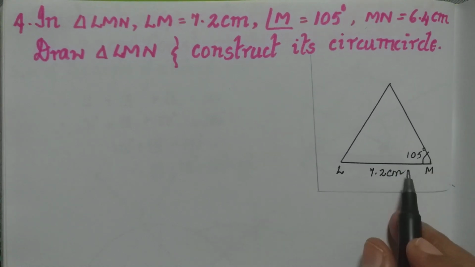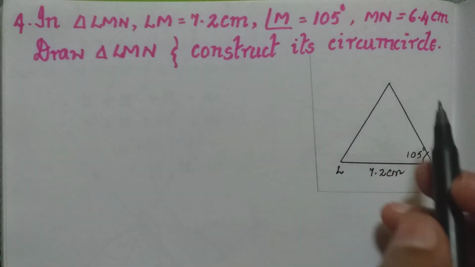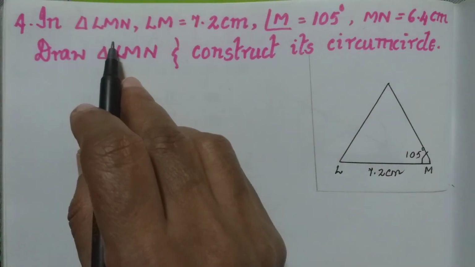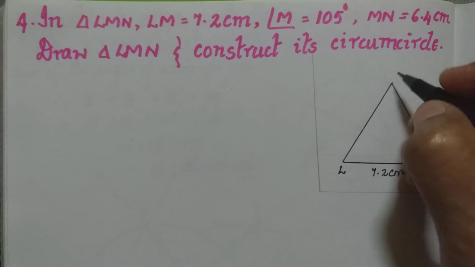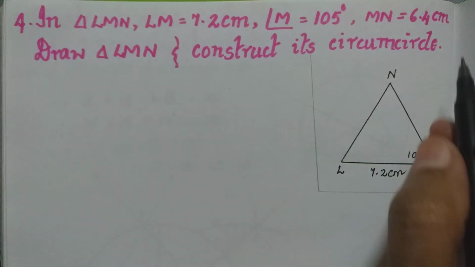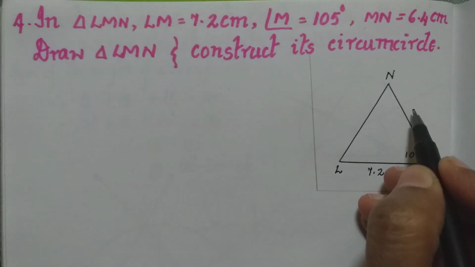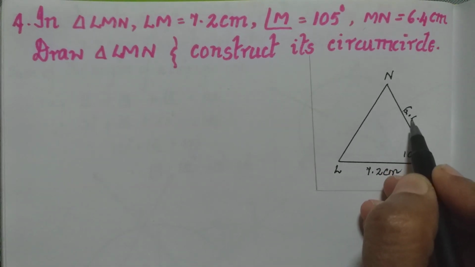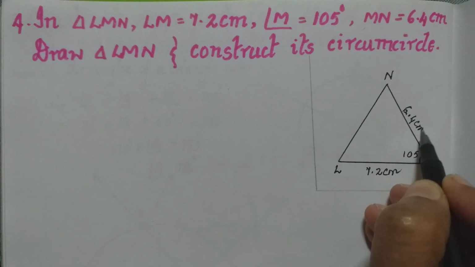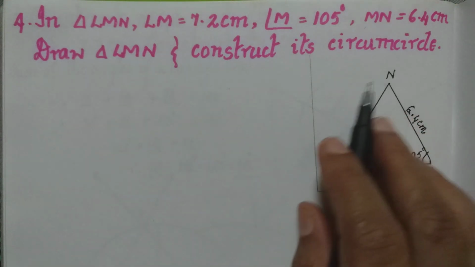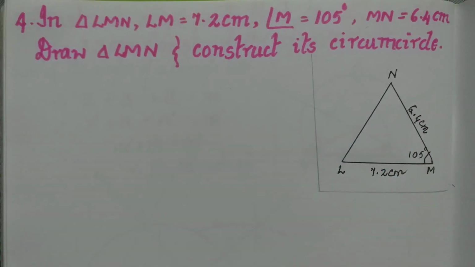So angle M is 105 degree. Now the triangle is LMN. The third vertex is N, so I write here N. Now MN is 6.4 centimeters, so I write here 6.4 centimeter.